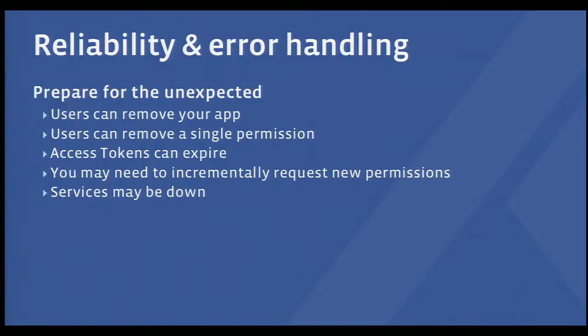Your access token can expire. You might have to request new permissions. We've already shown what happens when you have to do that, right? Your app might even be throttled, or the server that you hit may be down. The user itself might actually be throttled as well. So if they make too many requests within a certain time period, that user can be throttled as well. So there's definitely a lot of different ways that errors can happen.